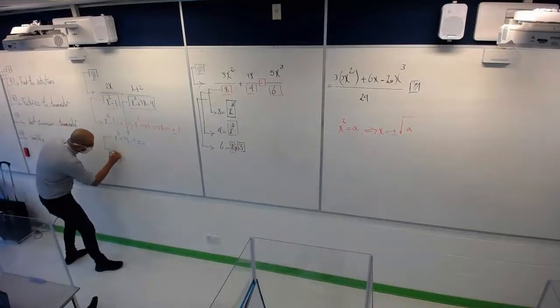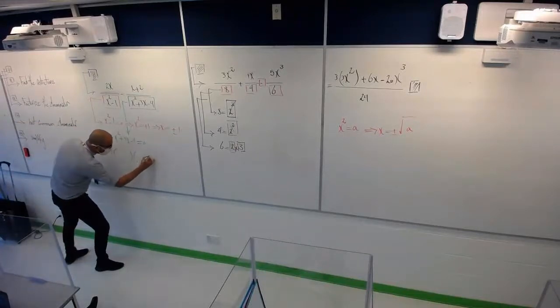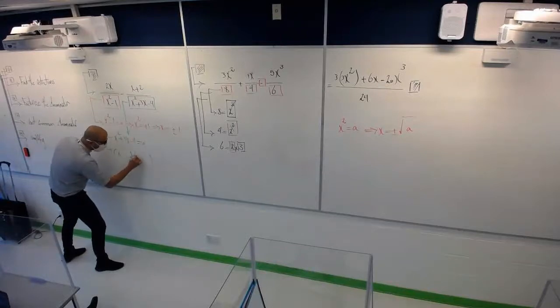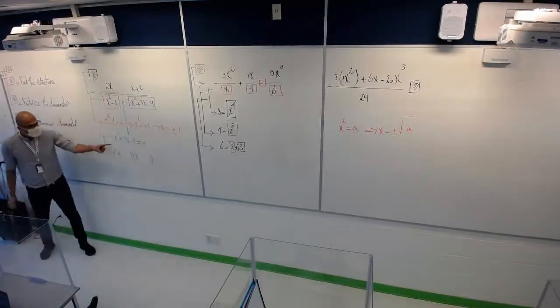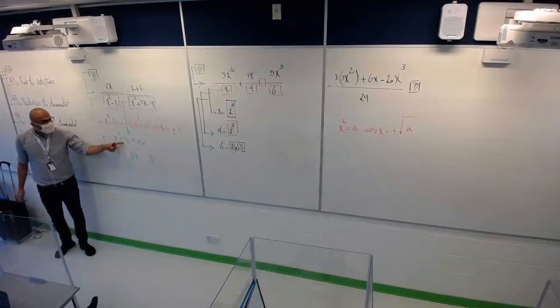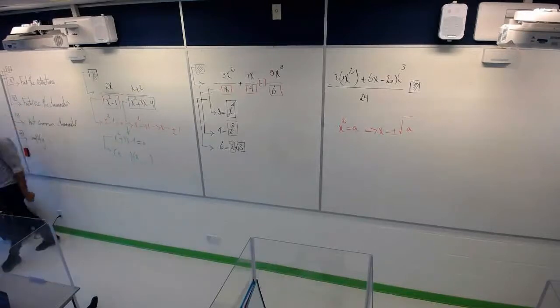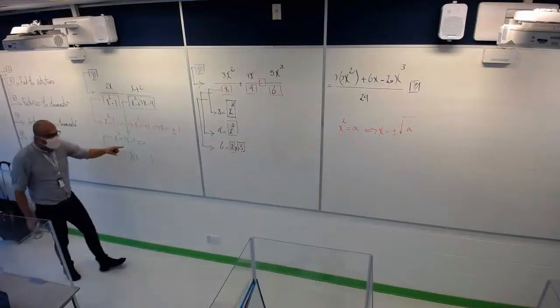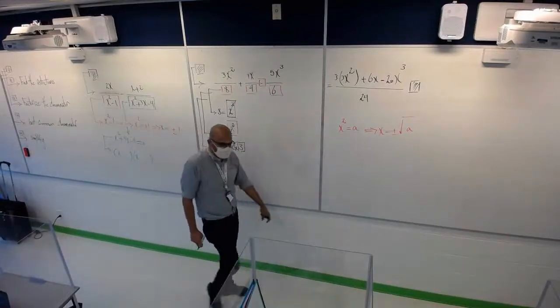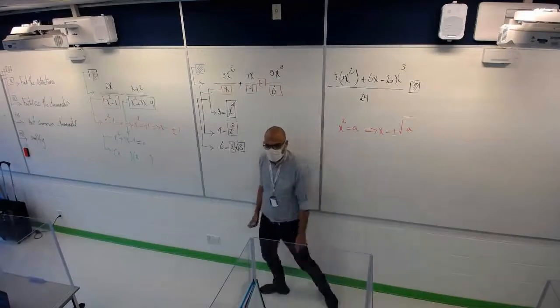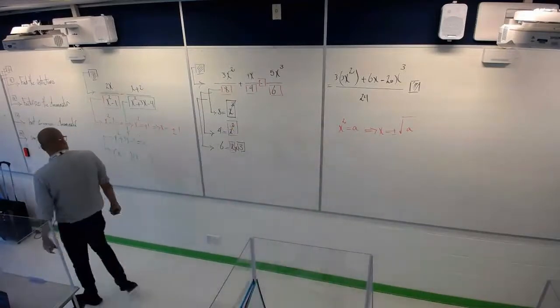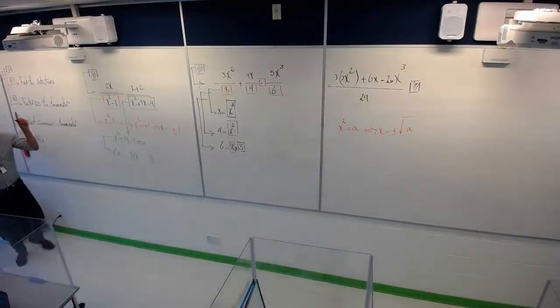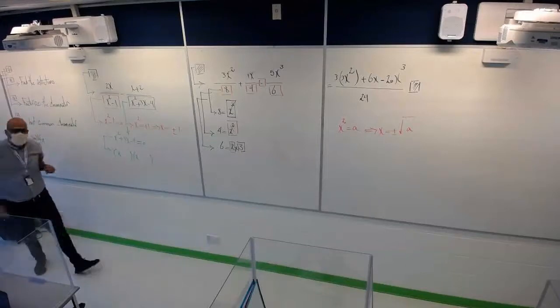I can find 2 numbers, that their summation becomes 3, and their multiplication becomes minus 4. Negative 4 and plus 1? No, the opposite. You said negative 4 and plus 1?